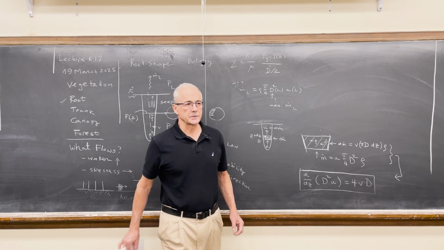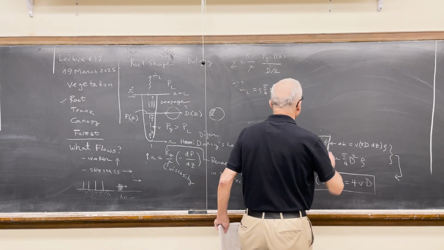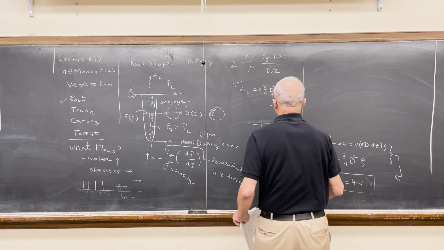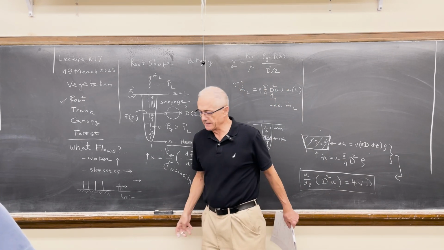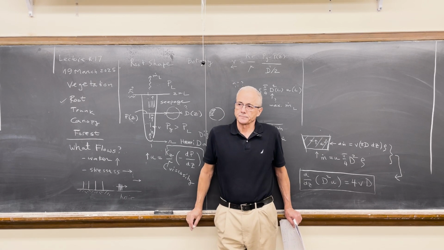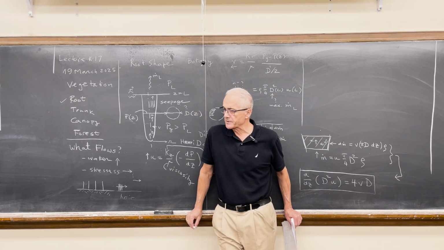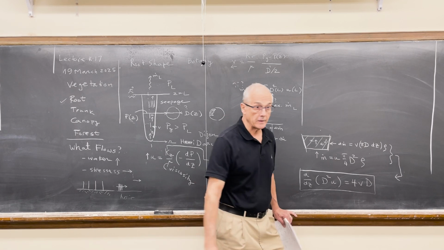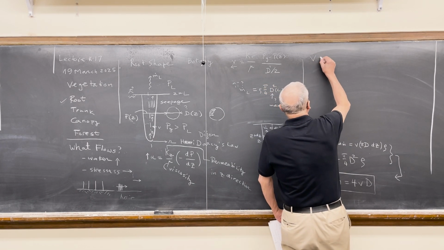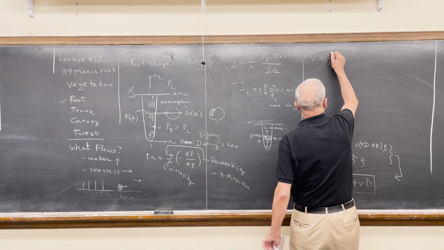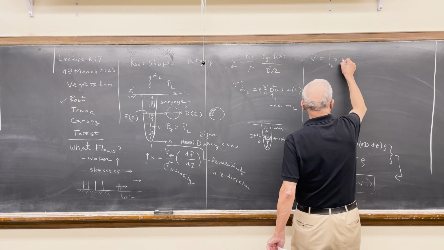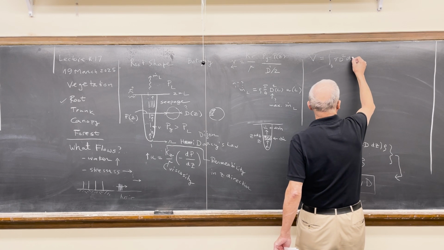The second equation, which I should have mentioned earlier, is that this struggle to find the shape is conducted while keeping the volume of the object fixed. So the volume, which is fixed, capital V, equals the integral from 0 to L of pi d squared dz.